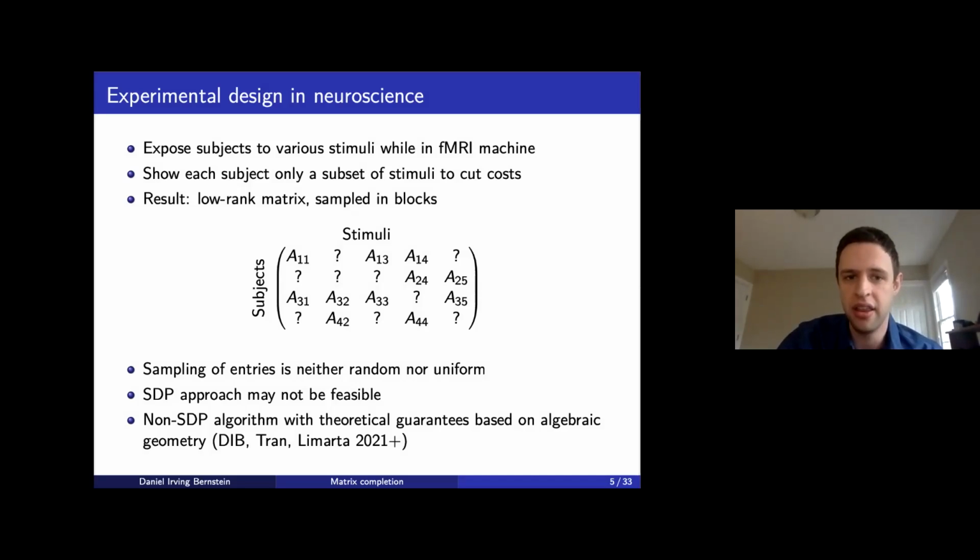And not only that, the SDPs that you have to solve to use that approach may not be feasible. In fact, these matrices are so big that often it isn't. And it actually turns out that in this situation, the models that the neuroscientists use are essentially rank constraints.